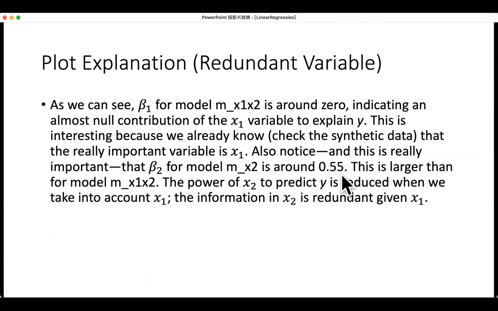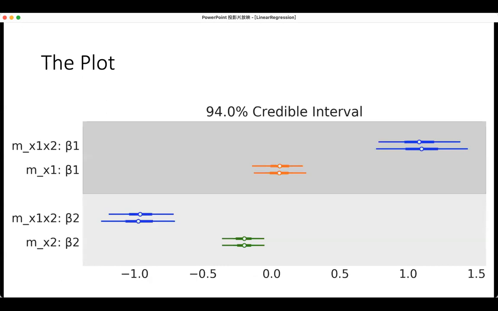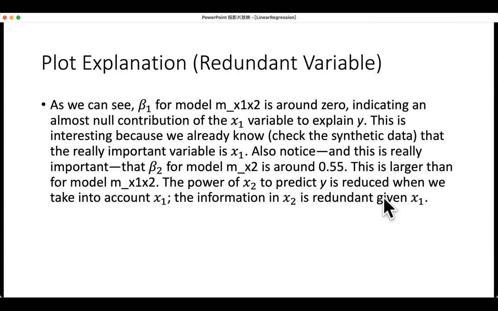Also notice that the beta 2 for model MX2 is around 0.55. There is actually something wrong with this explanation, but you get the idea.